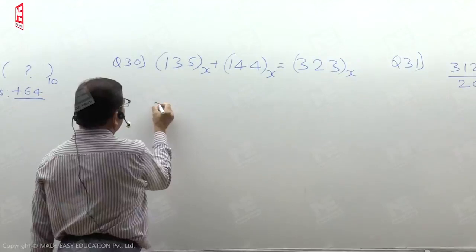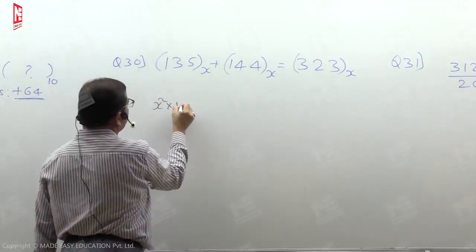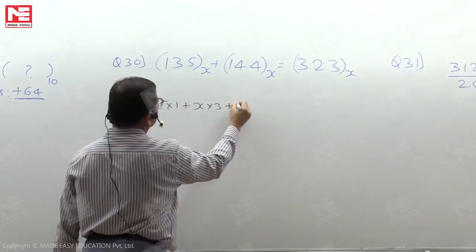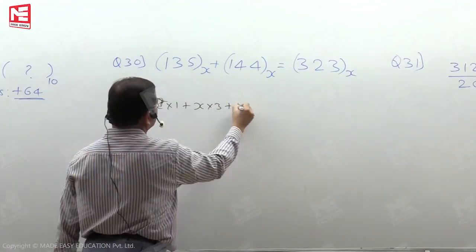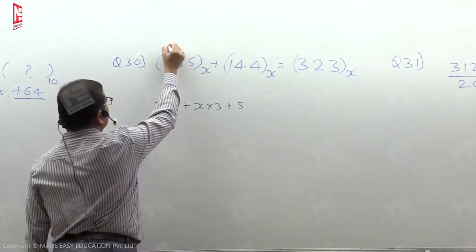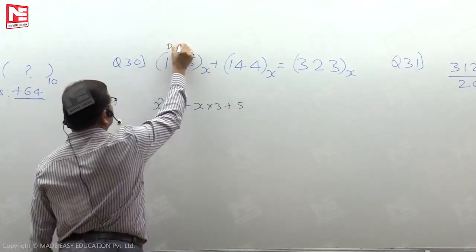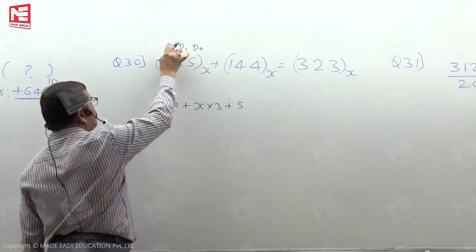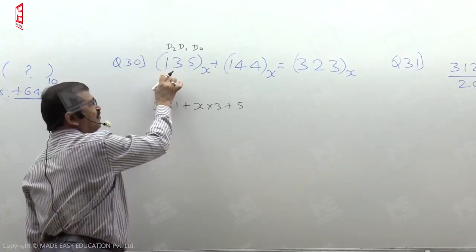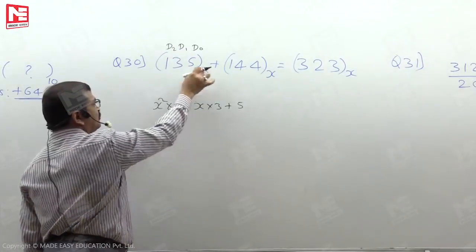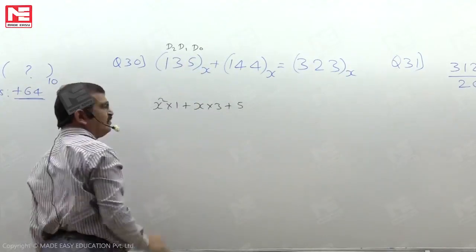This will be x square into 1 plus x into 3 plus x to the power of 0 into 5. So x to the power of 0 is 1, so 5. As I said, the general notation, that only I am using, d2, d1, d0. So x to the power of 2 into 1, x to the power of 1 into 3, x to the power of 0 into 5.